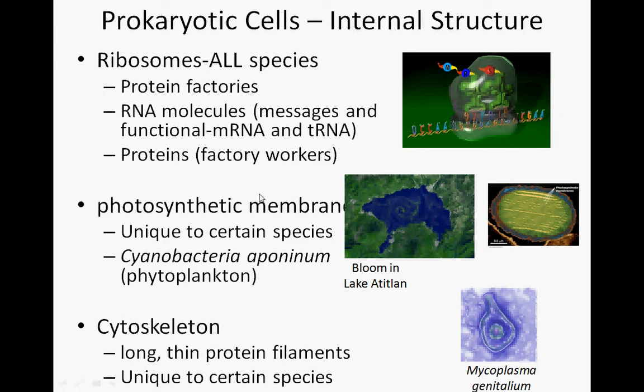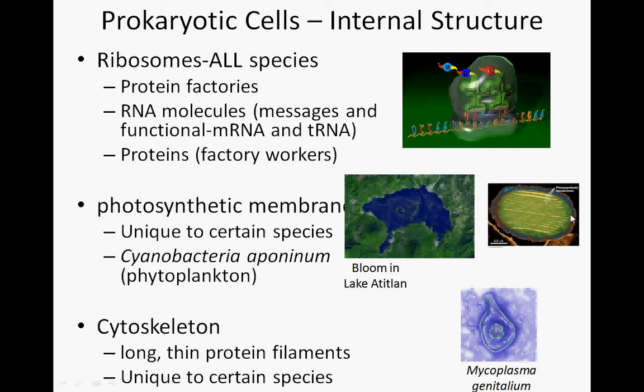Some things that can be found inside of prokaryotic cells are, for example, things like photosynthetic membranes. So these are unique to certain species, and as you could guess, they're unique to photosynthetic bacteria. I have this picture here, which is an image of a photosynthetic membrane, and in actual 201, I showed this picture again later in the semester because it looks very much like a chloroplast in a plant cell.